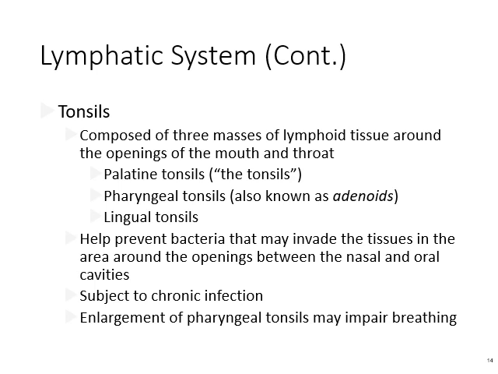The tonsils help prevent bacteria from invading the tissue in the area around the openings between the nasal and oral cavities. They are subject to chronic infections. Enlargement of the pharyngeal tonsils, adenoids, may impair breathing.